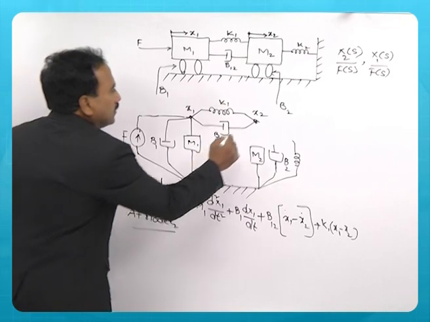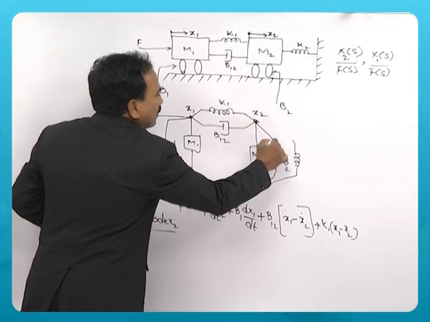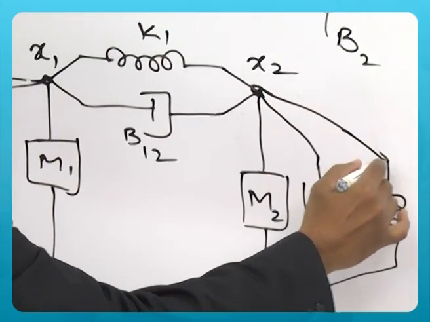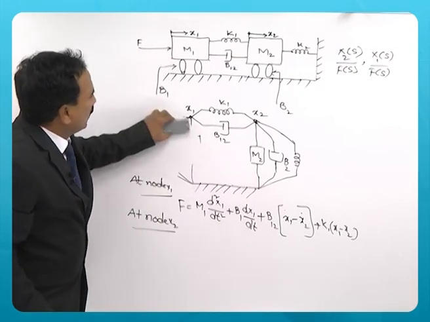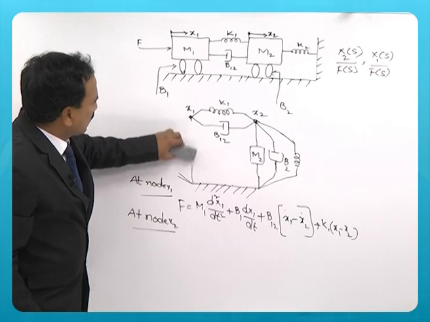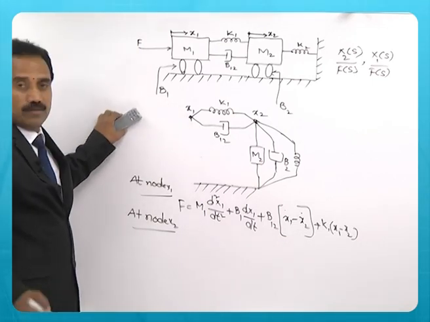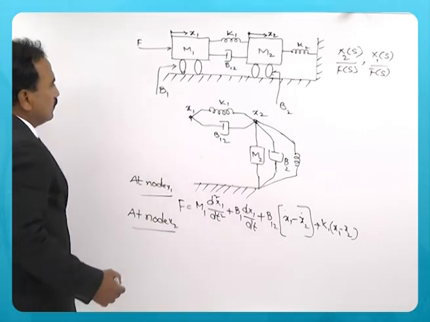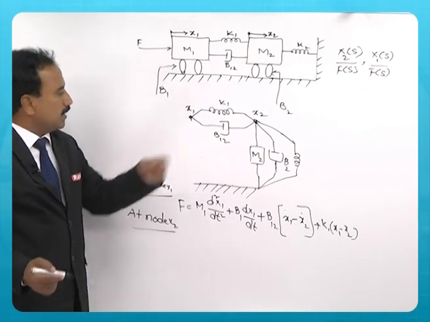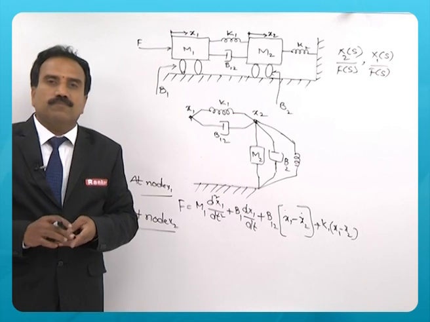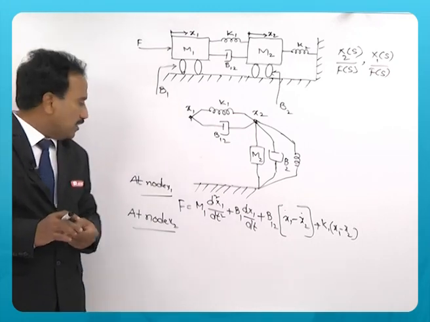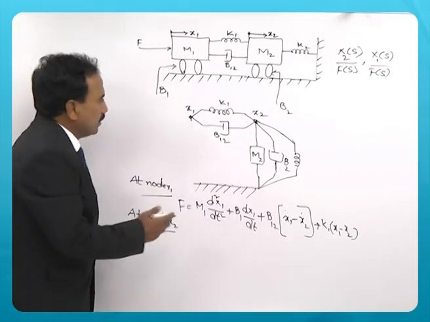So, connect them back. Now, you can forget about the other components that are connected to x1 alone, between x1 and ground. So, this will be the circuit for writing the second equation at node x2.